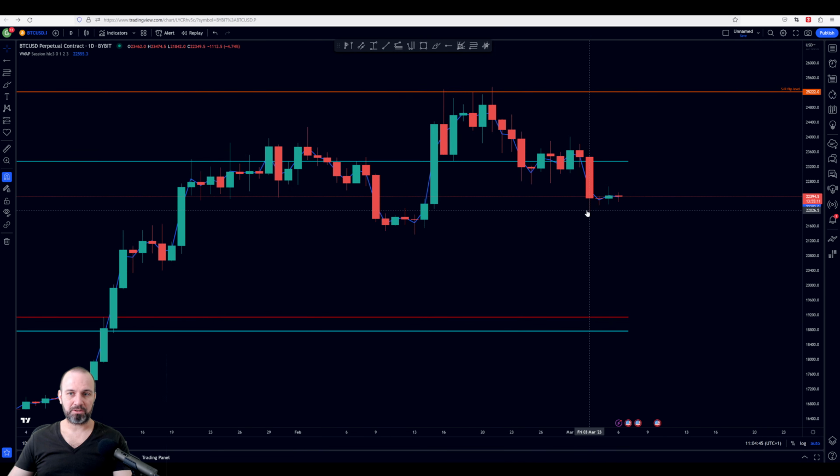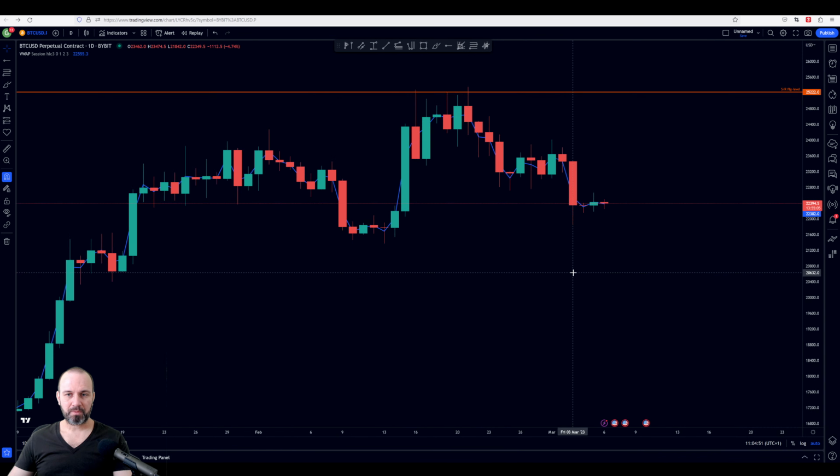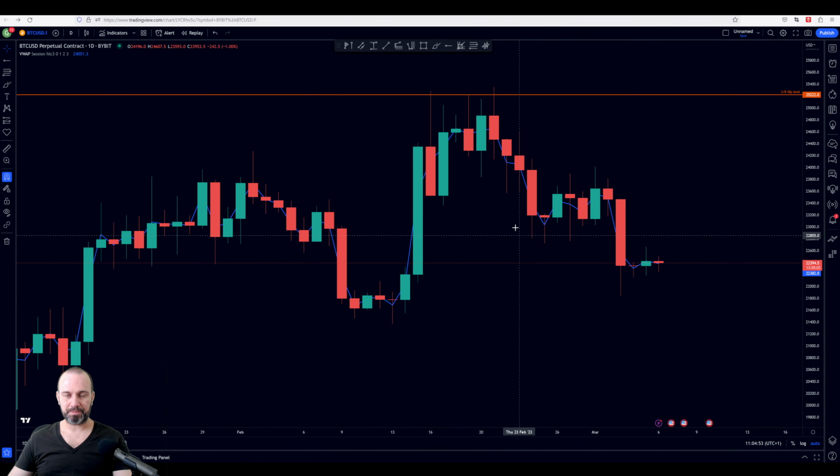Another thing that we need to take into consideration here, and to keep the chart as clear as possible, we need to check the market structure, right? Because we do have a change in market structure on a daily time frame, which is something to take into consideration. So we do have higher high, higher low, higher high. So obviously up to this point, bullish market structure, no problem there.